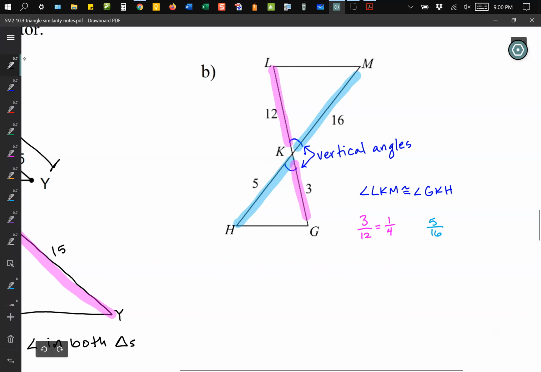Those are not the same. So because they are not the same, these two triangles are not similar. So if they're not similar, don't write a similarity statement.